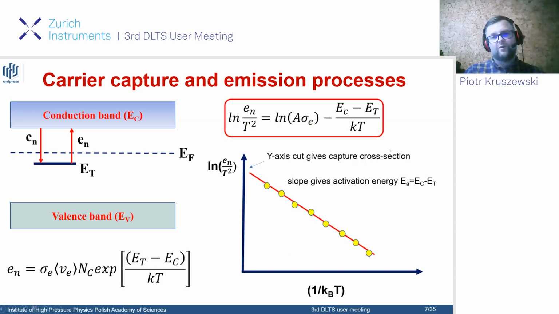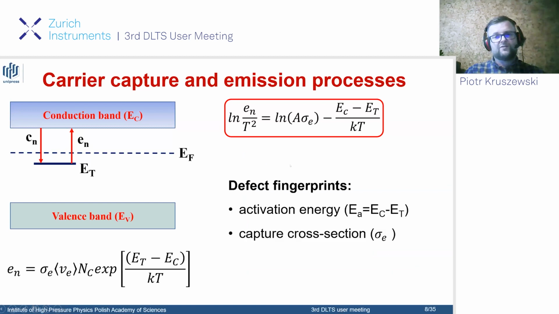We have the function of emission rate divided by T squared, and this function drawn versus the inverse of temperature gives us data that we can fit with a line, and the slope is the activation energy which we are looking for, and the y-axis intercept gives us the capture cross section.